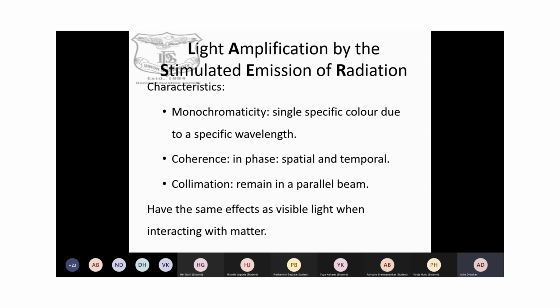But till they hit something, they are going to follow the first three characteristics. Once they come in contact with another medium, only then will they start following all the laws of radiation.